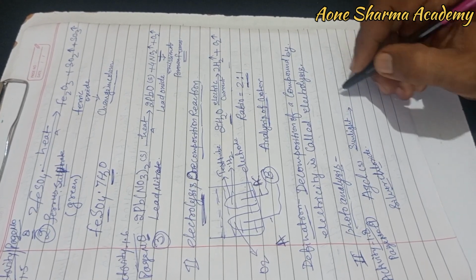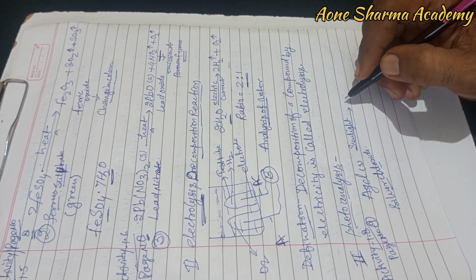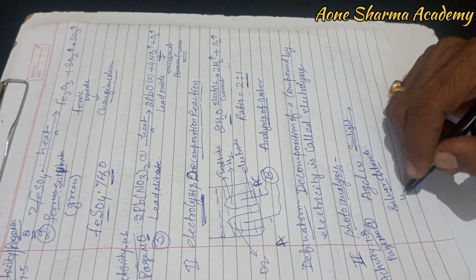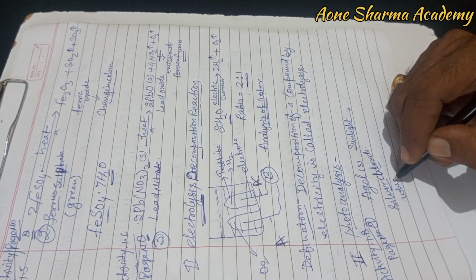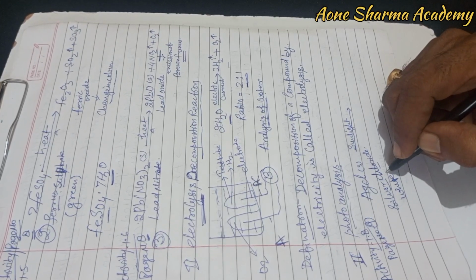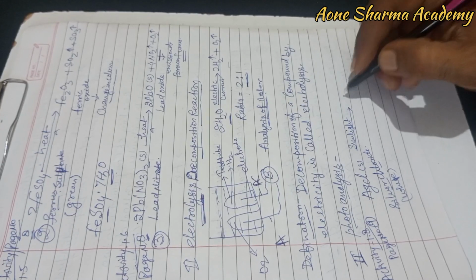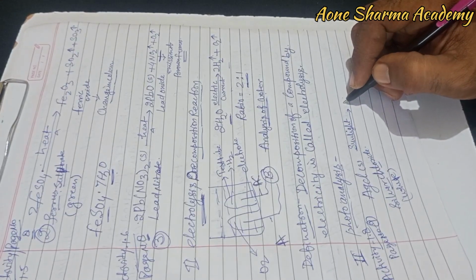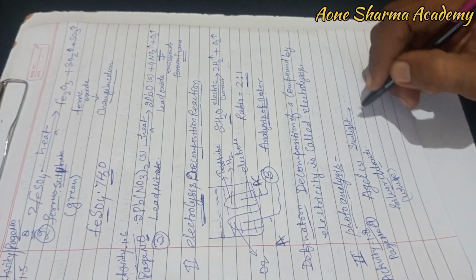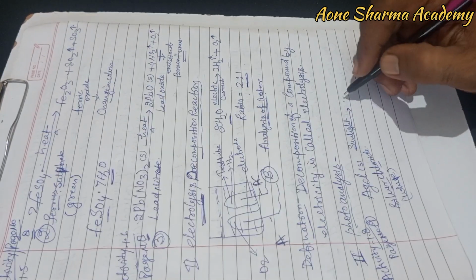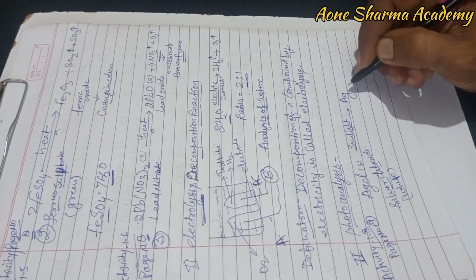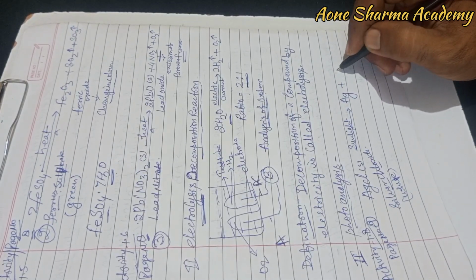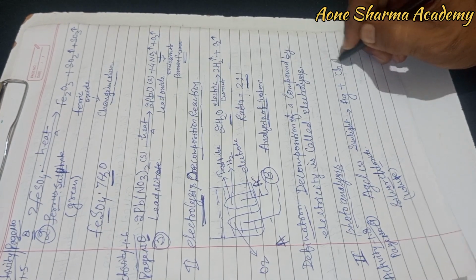After some time, silver chloride, which is white in color, breaks down in the presence of sunlight and forms new products, silver metal and chlorine gas.